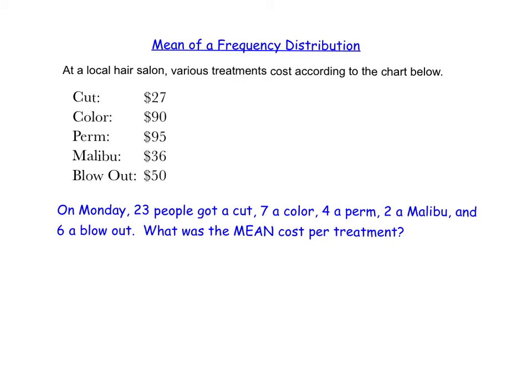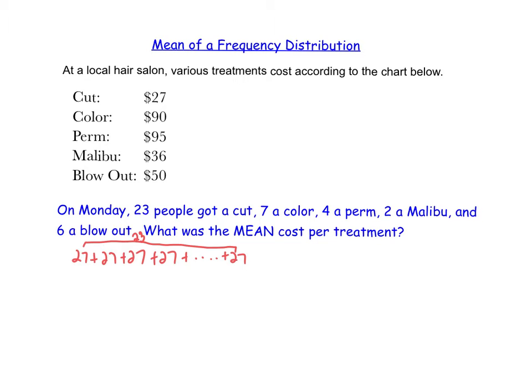So really what they're asking is for you to say, well, if 23 people got a cut, then you're going to do 27 plus 27 plus 27 plus 27 plus, and keep doing this until you add up 23 of those. So it'd be 23 27s.